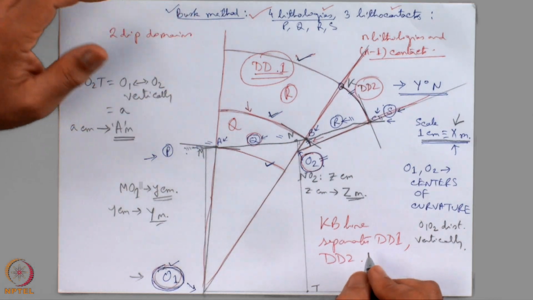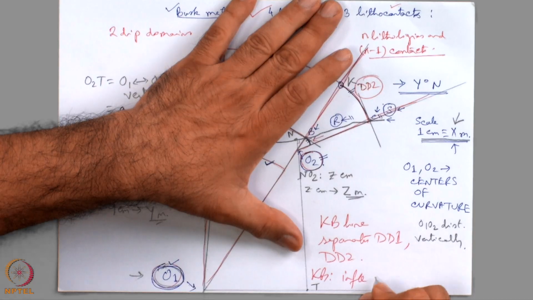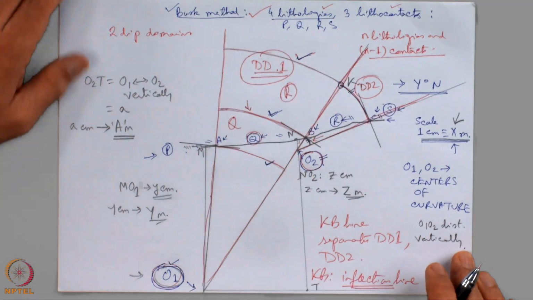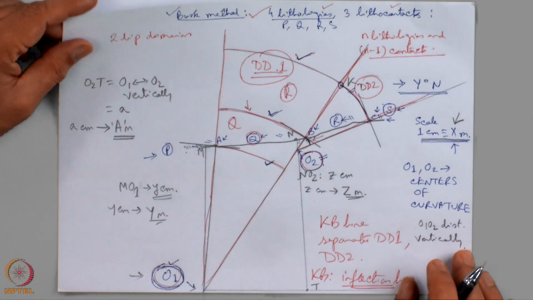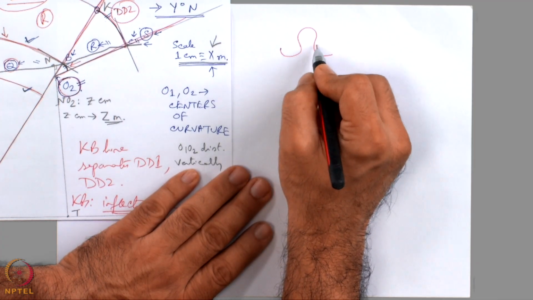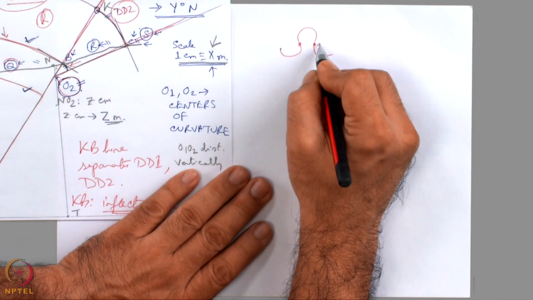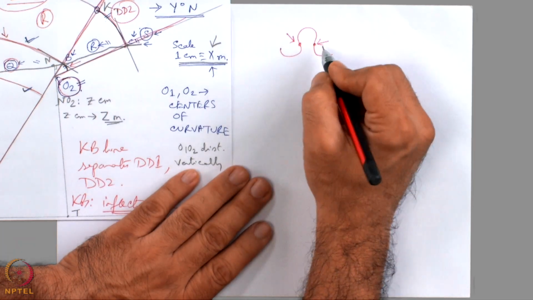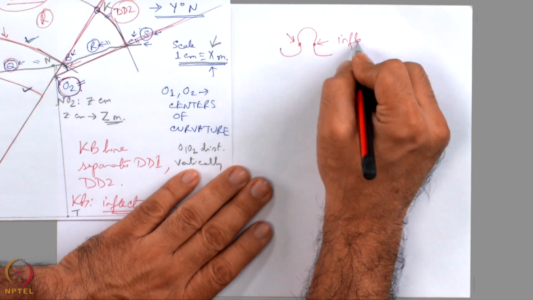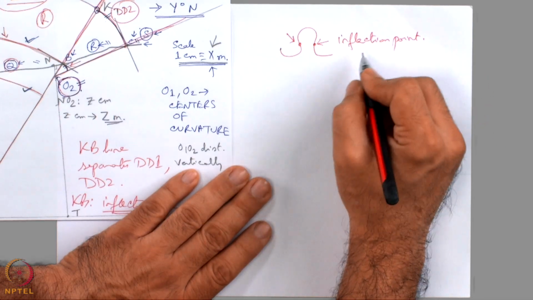Sometimes the KB line is known as the inflection line. You have seen the word inflection earlier in the context of fold geometry. For example, if there is a folded layer, the inflection point is the point of minimum or 0 curvature. These points are inflection points. What are they?